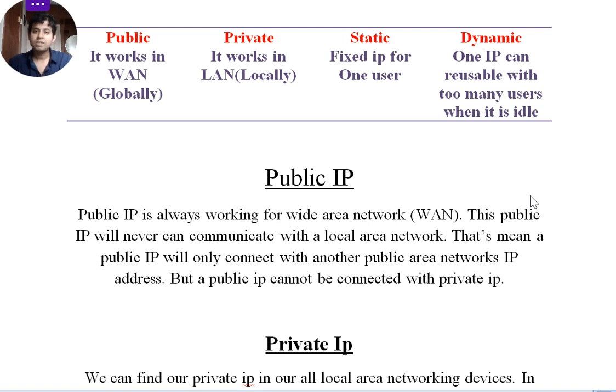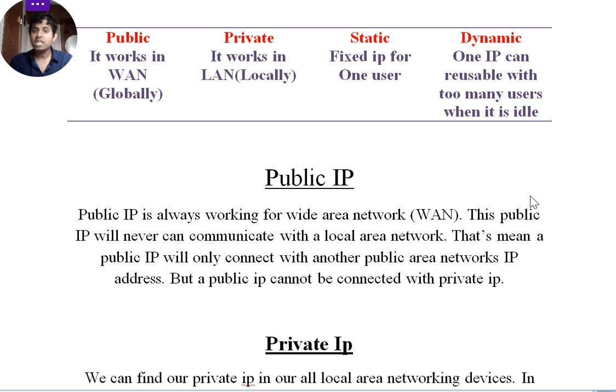The router has a public IP and also a private IP. You are not going to connect with your ISP provider directly, because a private IP never communicates with a public IP directly.